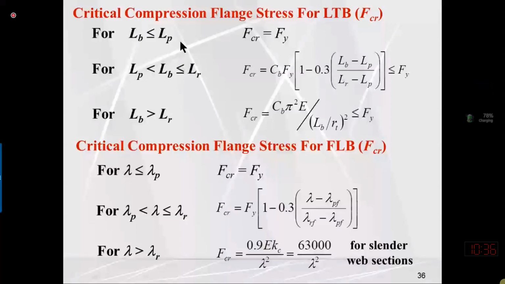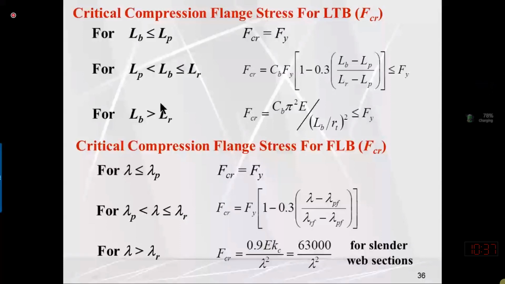If the unbraced length is less than LP, our beam will be compact with reference to lateral torsion buckling, so the FCR value will be equal to FY. If the unbraced length is more than LP but less than LR, we shall use this formula, which is the same one you have been using in beam design. But if the unbraced length is more than LR, our beam will be slender with reference to lateral torsion buckling, so we shall use this formula. So depending upon the class of the beam section based upon lateral torsion buckling, we need to use one of the formulas to determine FCR.